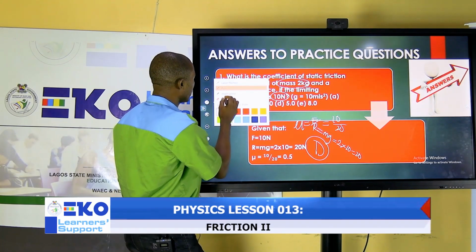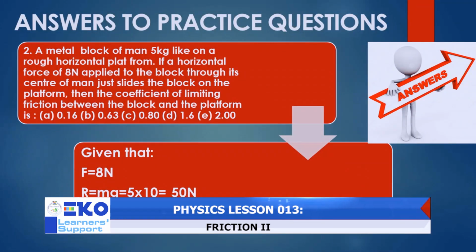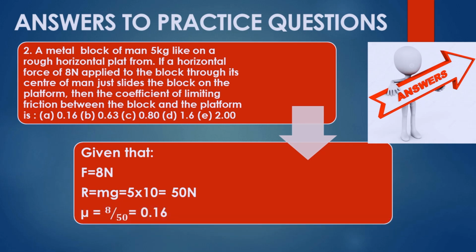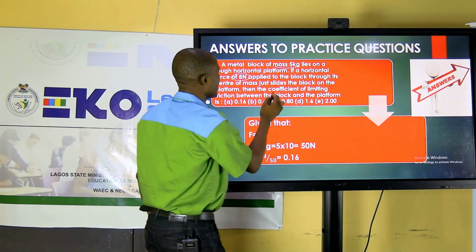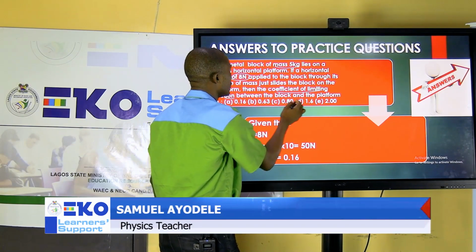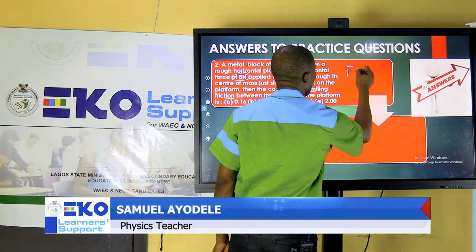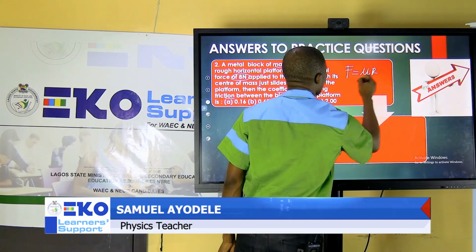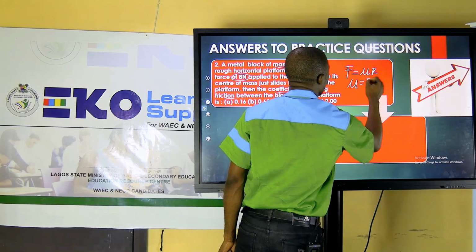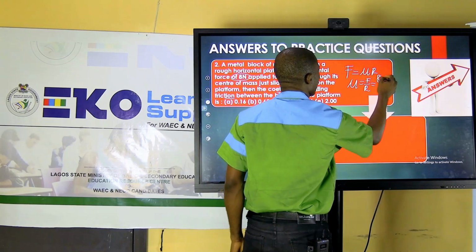Let's look at the second question. A metal block of mass 5 kg lies on a rough horizontal platform. If a horizontal force of 8 Newton is applied, calculate the coefficient of limiting friction between the block and the platform. From F equals nu R, nu is F over R. The value of F is given as 8 Newton.